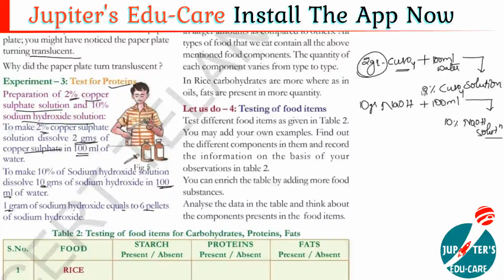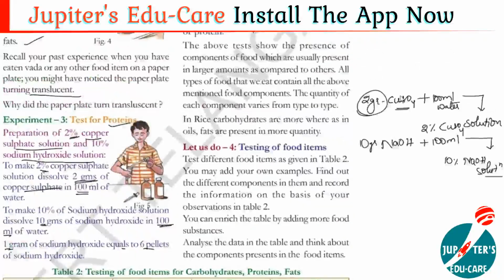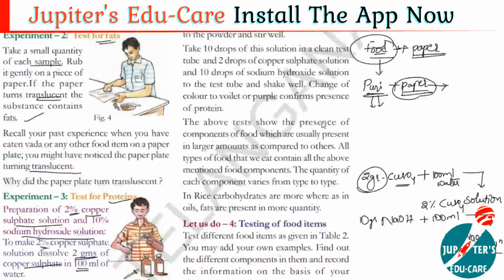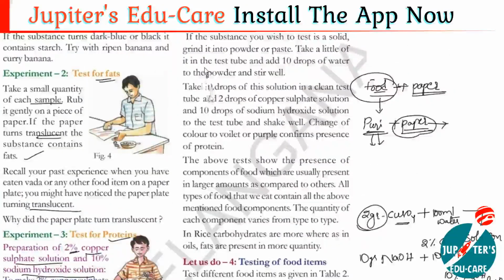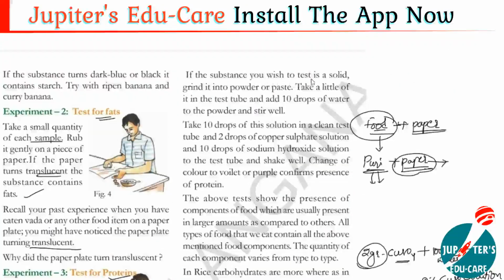Right. Now, let us start what we actually need to do to identify the proteins. See here, if the substance you wish to test is a solid, grind it into powder or paste. Take a little in a test tube, add 10 drops of water to the powder and stir well.